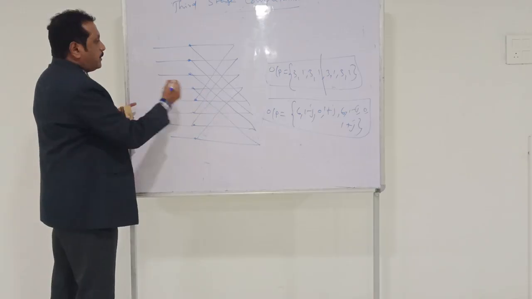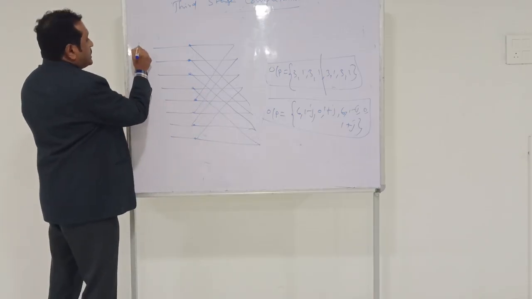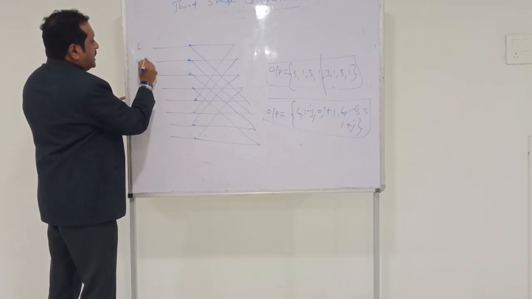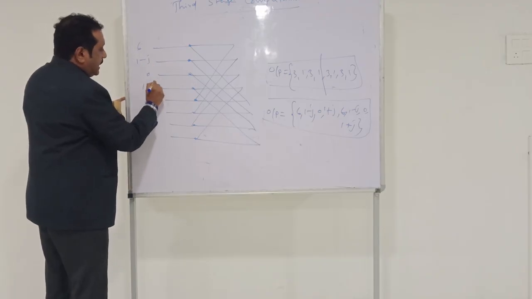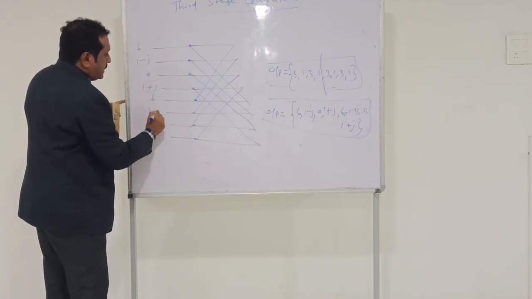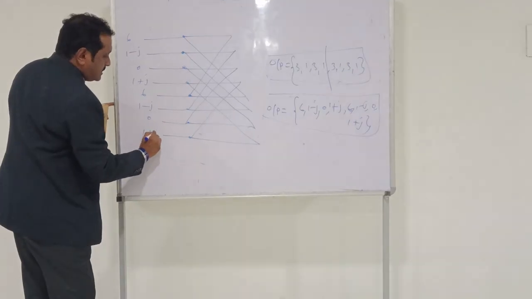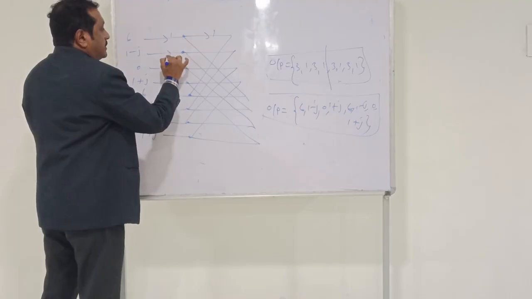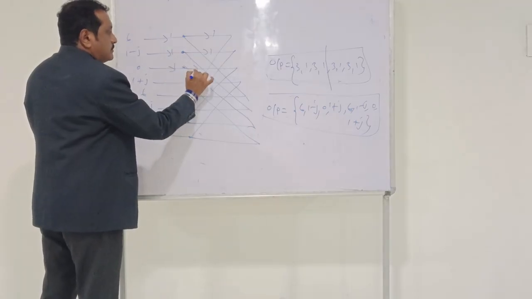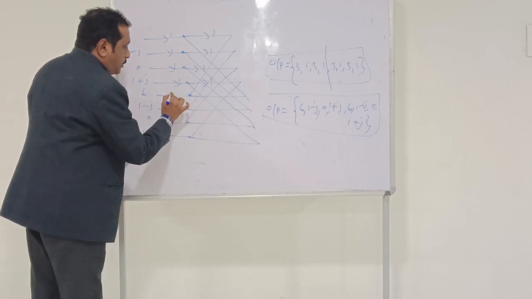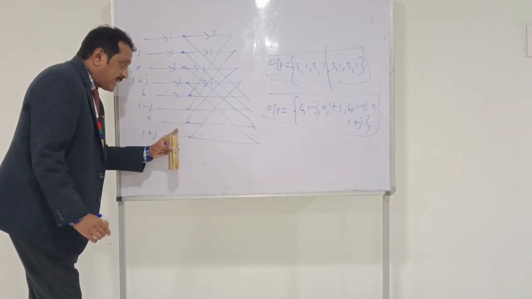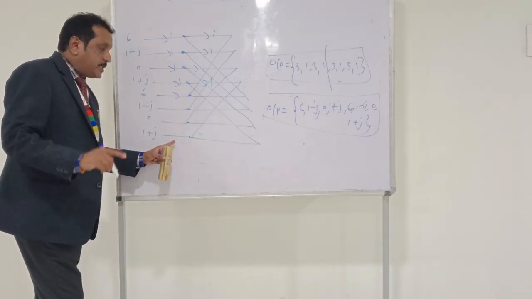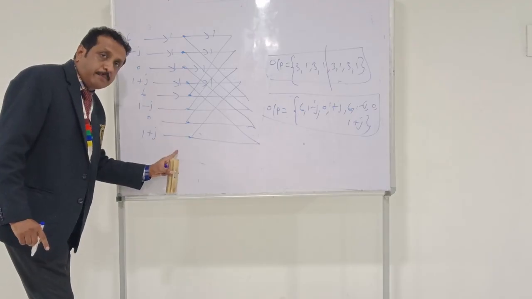The input is the output from stage 2, that is 6, 1 minus j, 0, 1 plus j, 6, 1 minus j, 0, 1 plus j. We need to put the multiplication factor 1 1 1 1 on the upper side. On the lower side you have the twiddle factor values W8 power 0, W8 power 1, W8 power 2, W8 power 3.